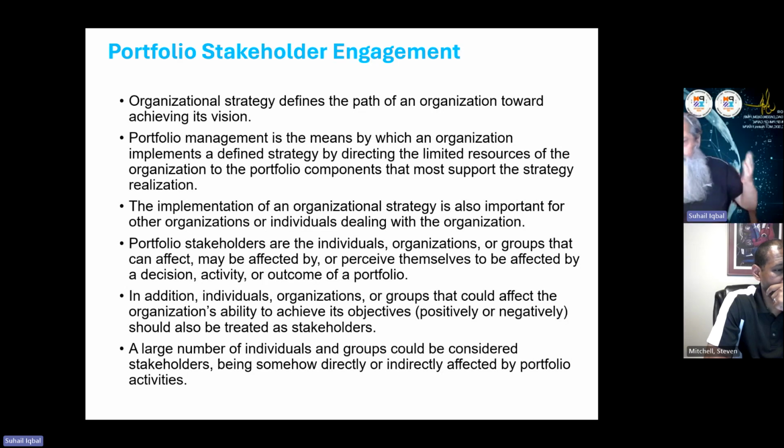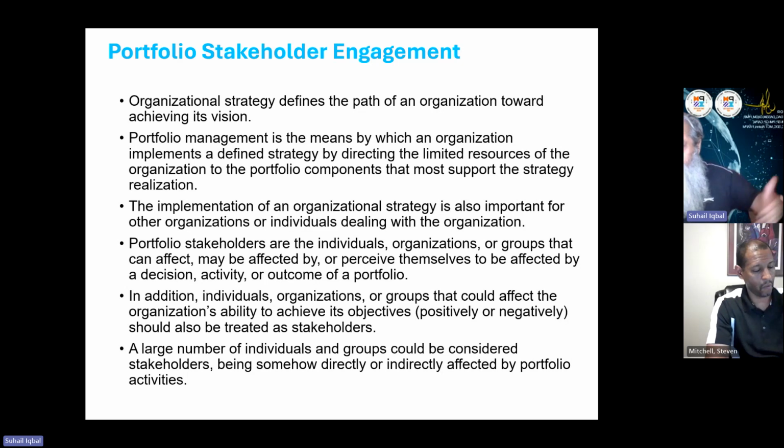So let us apply this to the portfolio stakeholder. Portfolio stakeholder is the one who is dealing with the strategy of the organization, who is aligning things according to that. So anyone and everyone who can affect the portfolio somehow, the working of the portfolio, its alignment with the organization strategy, naturally I would say is a big key stakeholder.